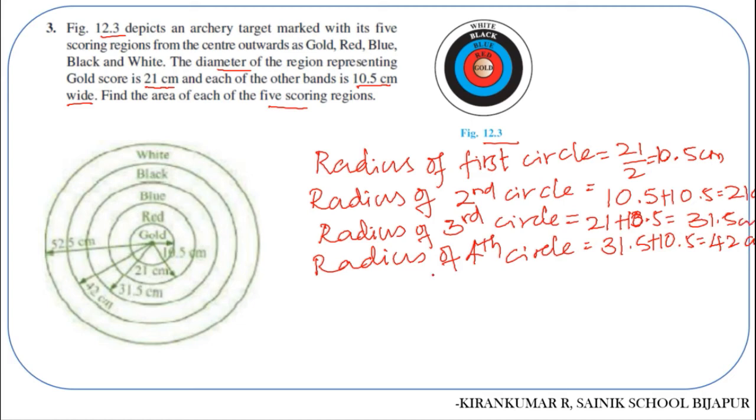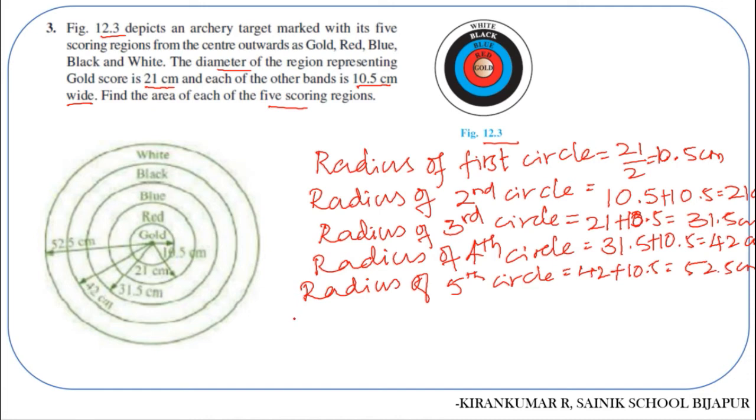It's in centimeter. The radius of fifth circle, which is white in color, is 42 to be added to 10.5. We get 52.5 centimeter.